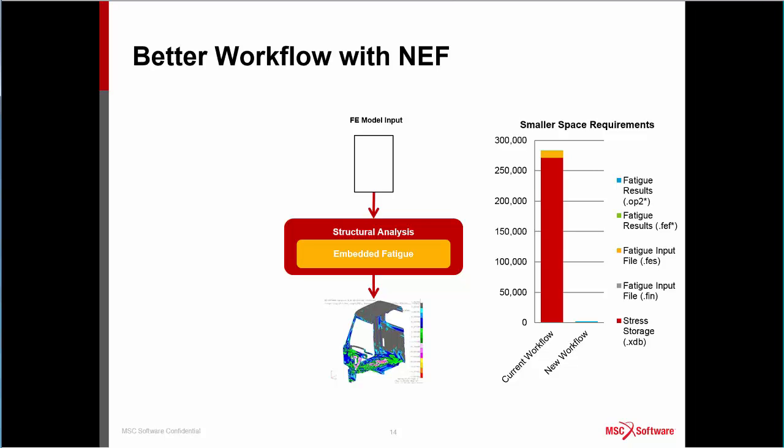But as your model sizes grow, and I know there are very large models out there, and it's the tendency of FEA to build huge models, your CPU time starts to drop. We're seeing 20 to 30% reduction in time, sometimes larger depending on the inefficiencies of the old method, where the fatigue solver is outside.